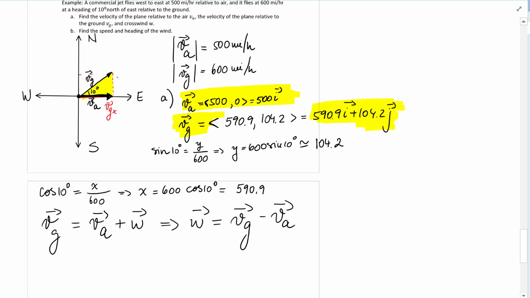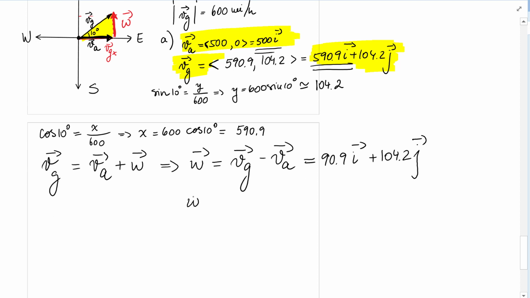If we want to show that in the picture, it would be this vector W. If we subtract these two, we subtract the i's, so it's 90.9 i plus 104.2 j. Or we can write in component form 90.9, 104.2.